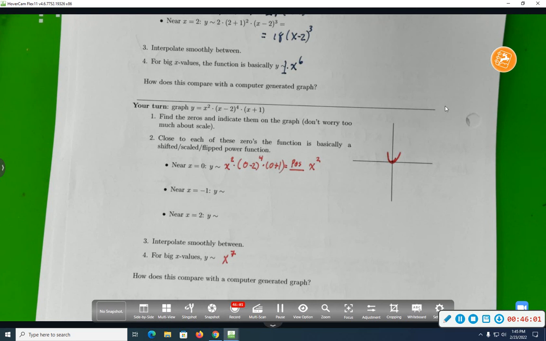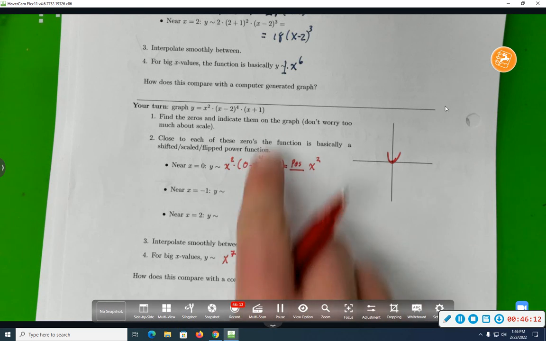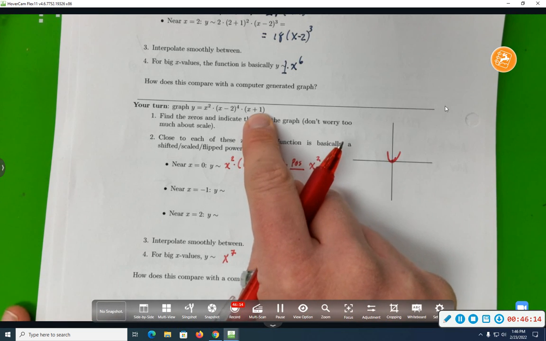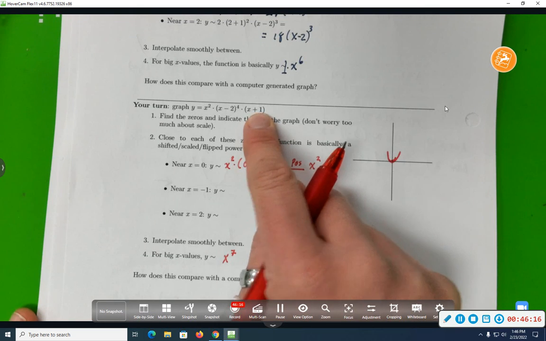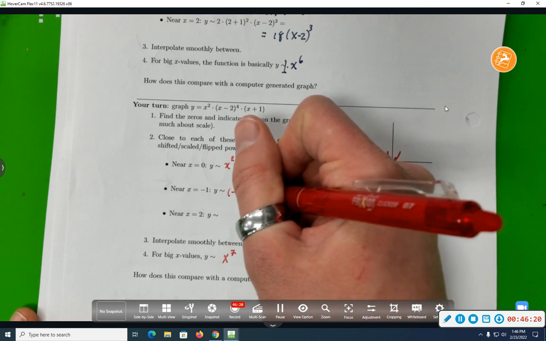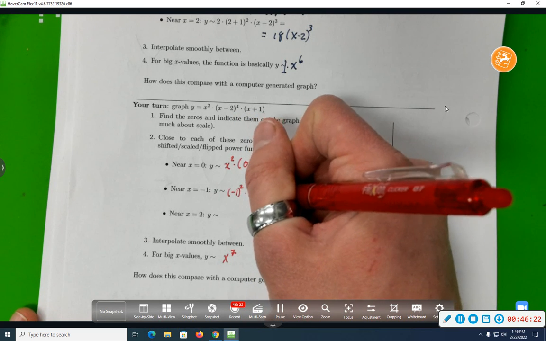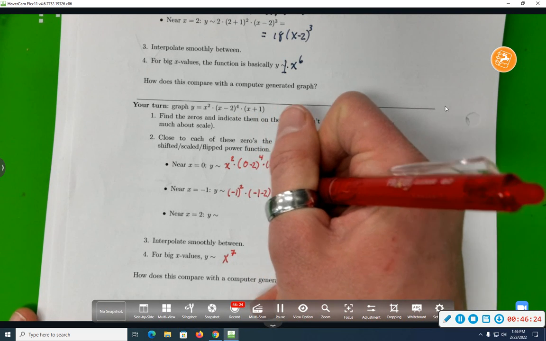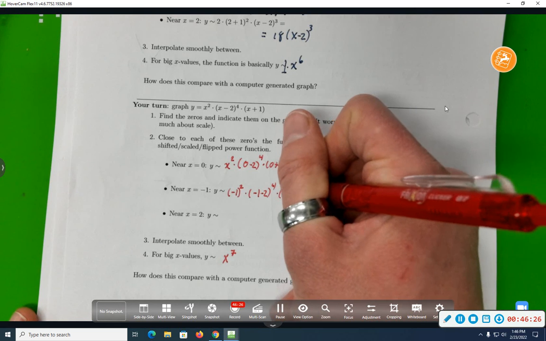Near x equals negative 1, which of the factors gives me a 0 at x equals negative 1? X plus 1. So I'll remember this term, and I'll replace all the other x's with negative 1. Negative 1 squared times negative 1 minus 2 to the 4th times x plus 1.